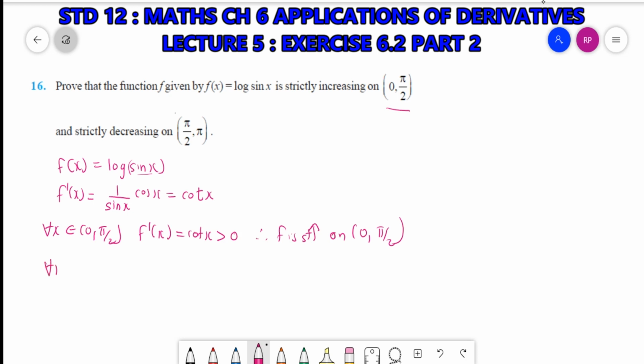Now, for every x belonging to pi by 2 to pi, that is the second quadrant, and in second quadrant, cot x is negative. So less than 0, therefore f is strictly decreasing on pi by 2 to pi. Clear? So this was about question 16. So just note it down.